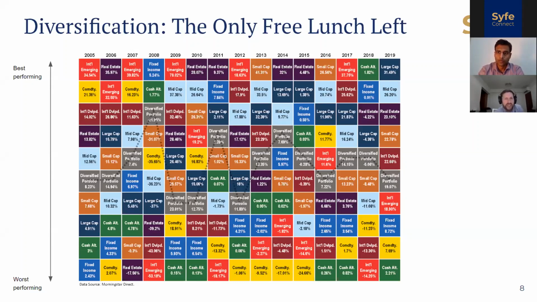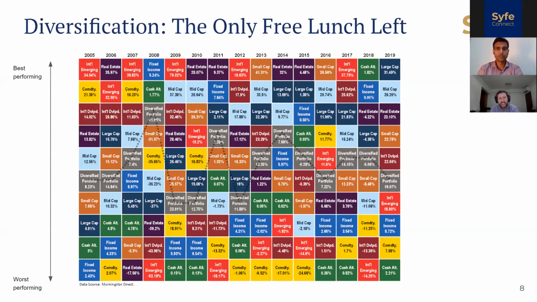So what should we do instead? This is where the best course of action, diversification, comes into play. Diversification was made famous by economist and Nobel Prize winner Harry Markowitz, who famously said that there's only one free lunch left in finance.